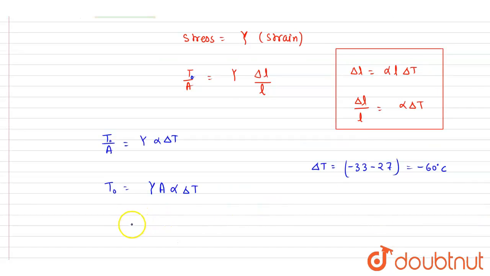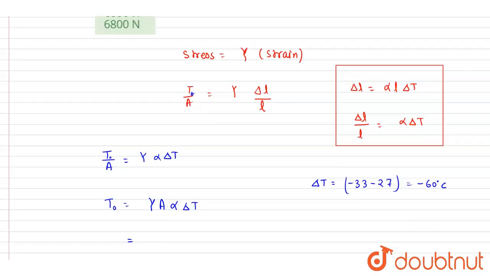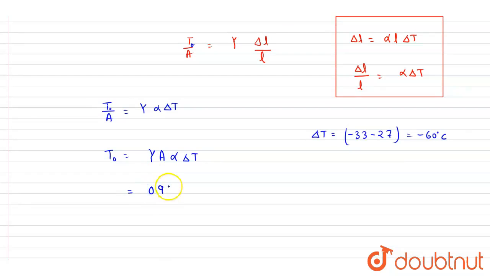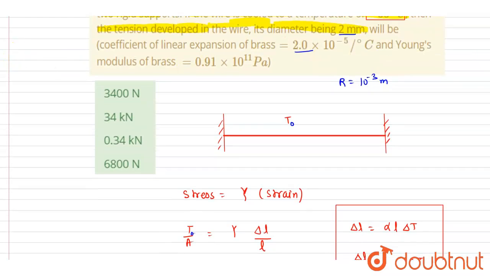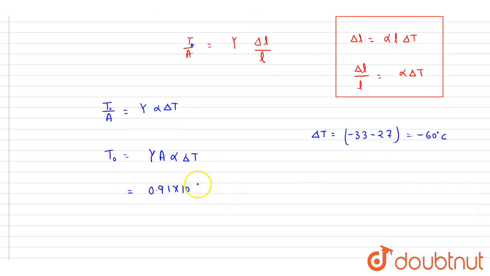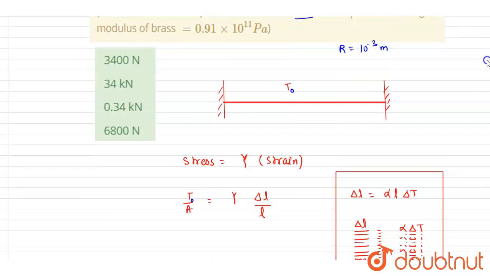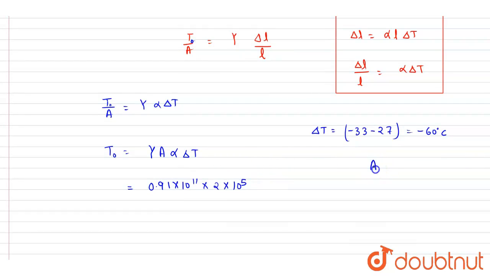So the Young's modulus is 0.91 into 10 to the power 11, into the thermal expansion coefficient 2 into 10 to the power minus 5, which is given in the question. Area is pi r square, and r here is 10 to the power minus 3, so it will be pi into 10 to the power minus 6, right?